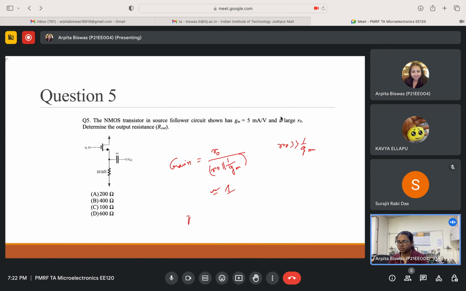And our output resistance equals 1 by gm, which is 1 by 5 into 10 to the power minus 3, near about 200 ohm.